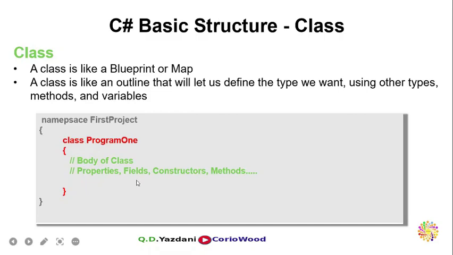Here you can put your properties, fields, constructor, methods, whatever you think, inside this class, because now we have created a car engine or airplane engine. We put the namespace, we have done our grouping, and here we want to create a class, which is the blueprint or map of something. So in program one, you can put a class human, and then you can put all the human attributes, fields.